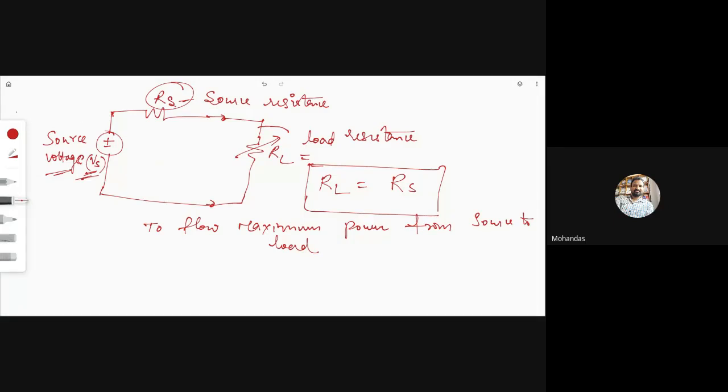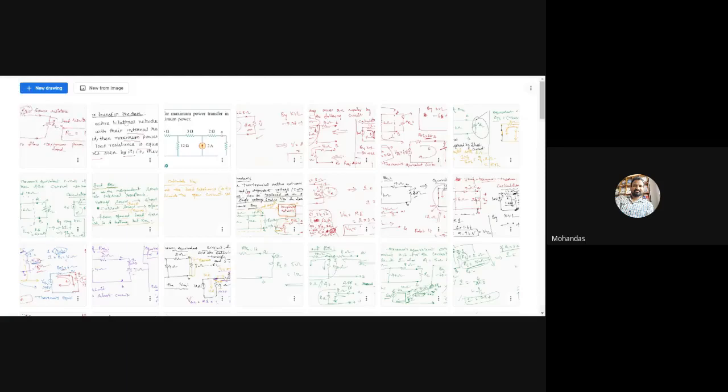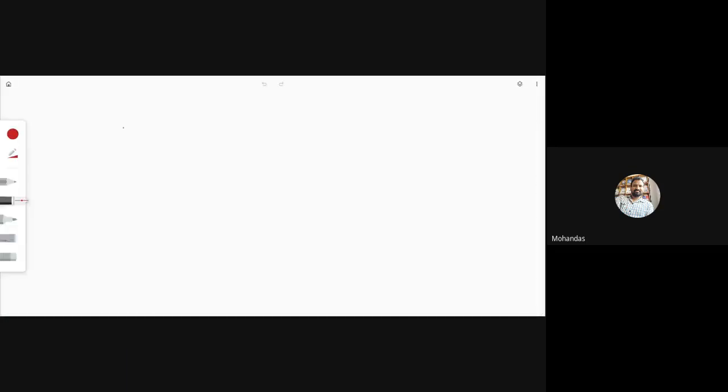Okay, let us see. If you take any circuit, according to Thevenin's theorem, even a big circuit we can convert into a Thevenin equivalent circuit, with Vs which is VThevenin, and Rs which is known as RThevenin.